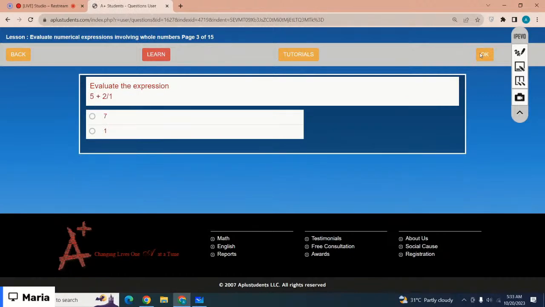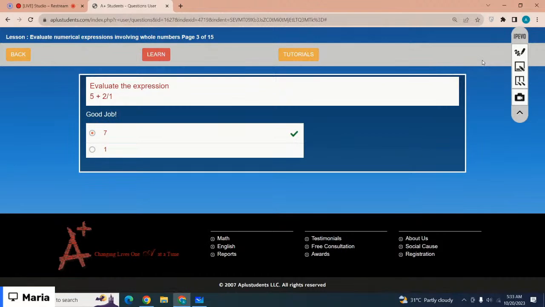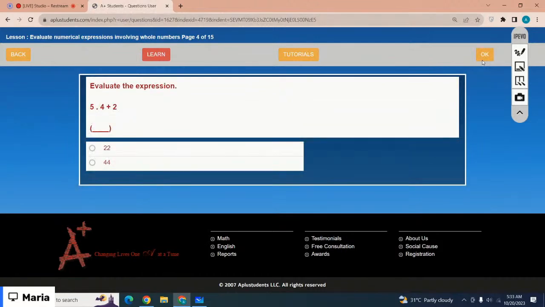Okay, 5 plus 2 divided by 1. So first you have to divide, right? 2 divided by 1 is 2. Then you have to add. So 2 plus 5 is 7. The correct option is 7. Okay, 5 times 4 plus 2.